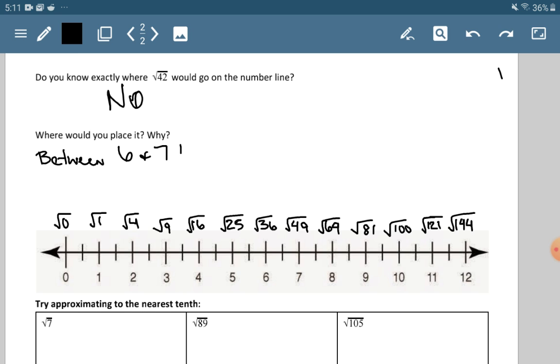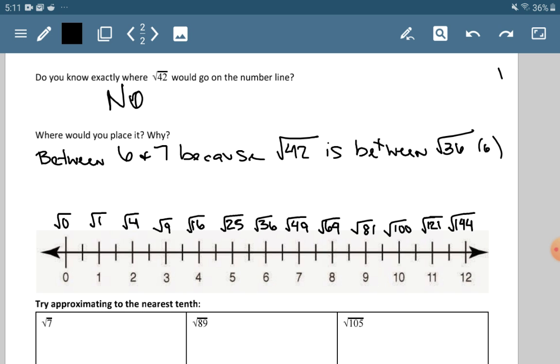The reason for that is root 42 is between those square roots above 6 and 7. It's between root 36, that's our whole number 6, and root 49, that's our whole number 7. So I know it's going to be somewhere between those. I don't know exactly where, but I know it's going to be somewhere between them.